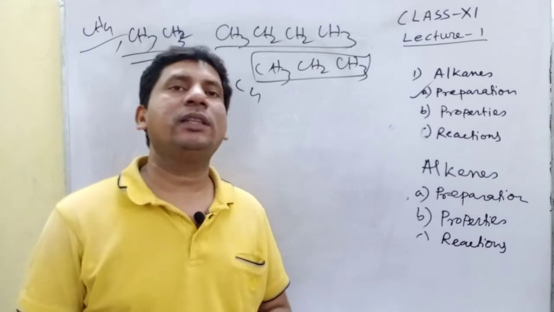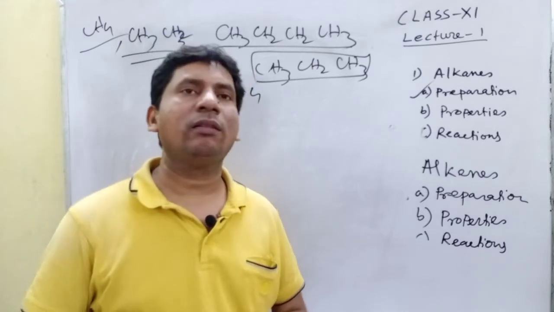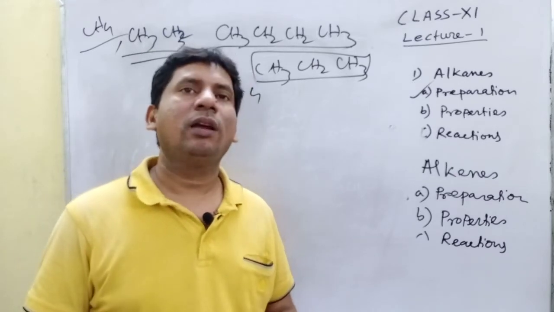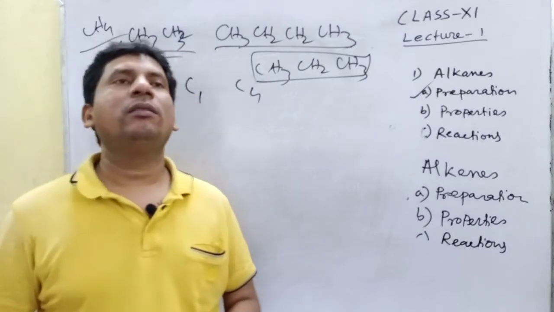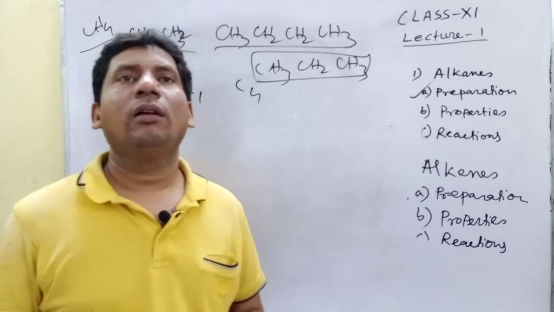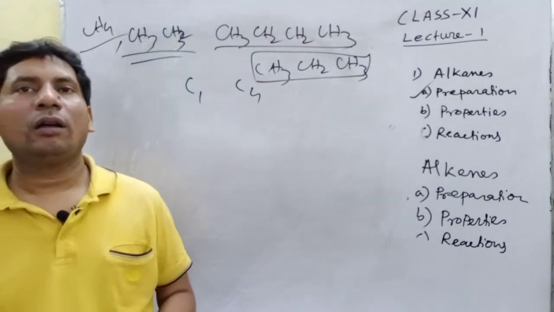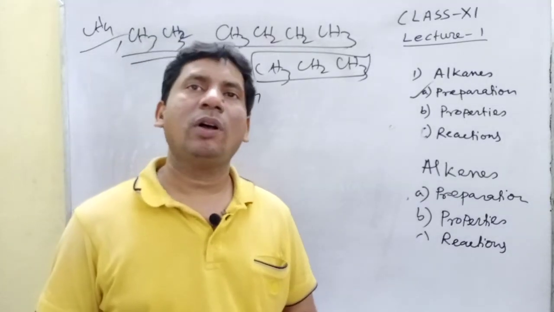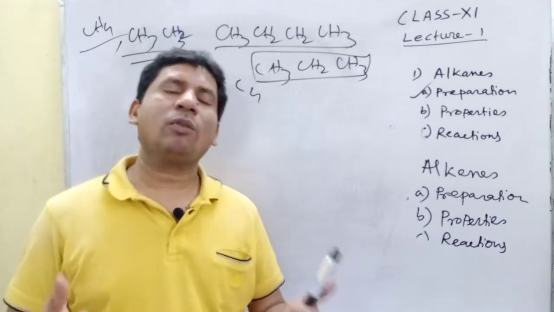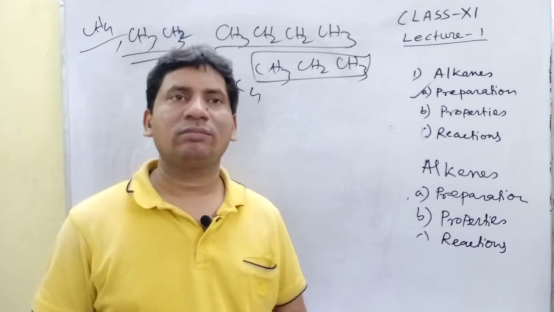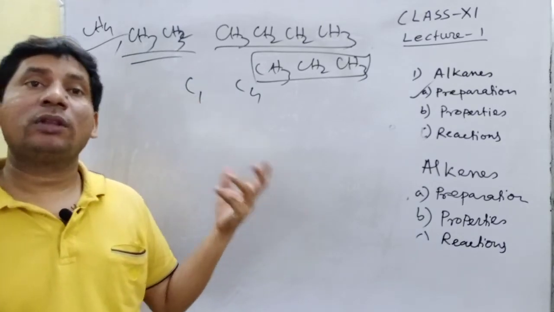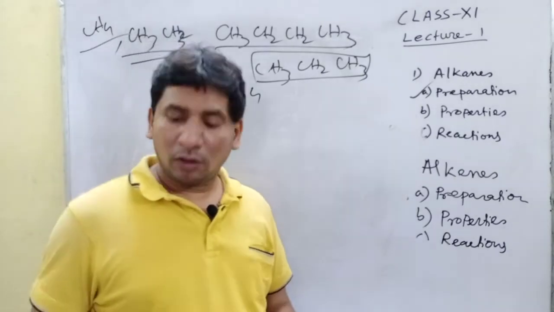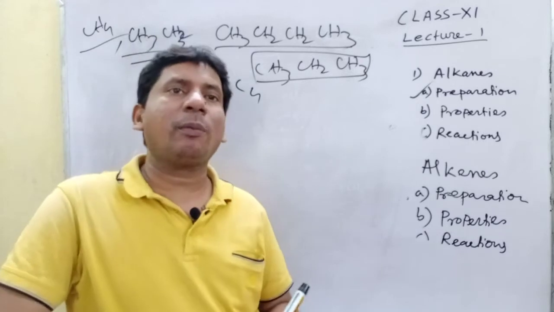For this reason this hydrocarbon chapter is very important, because we need kerosene, petrol, diesel, gasoline, grease, mobile oils, naphtha, aromatic hydrocarbons, benzene, so many things. So for this reason hydrocarbon is very important. What is the physical property?